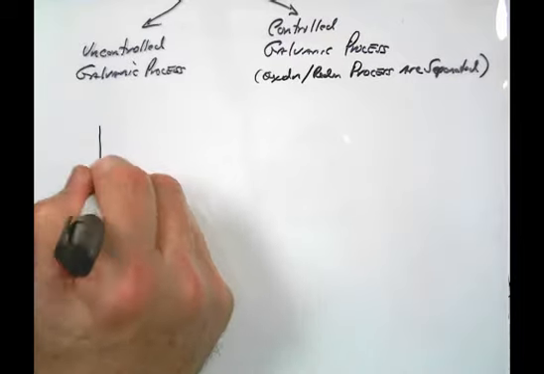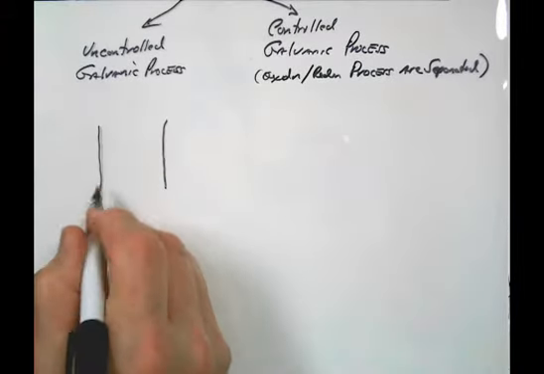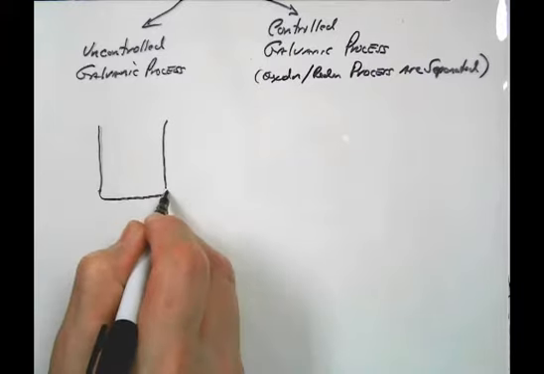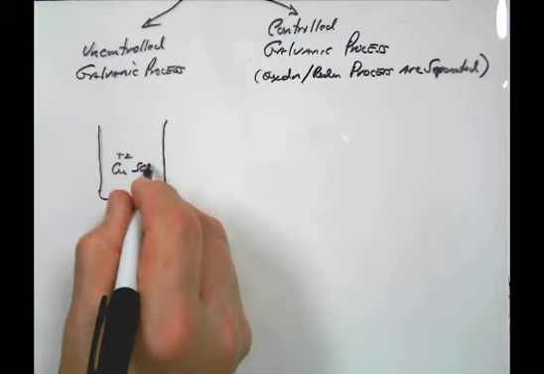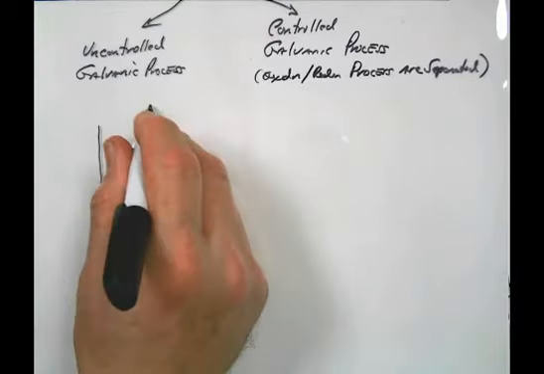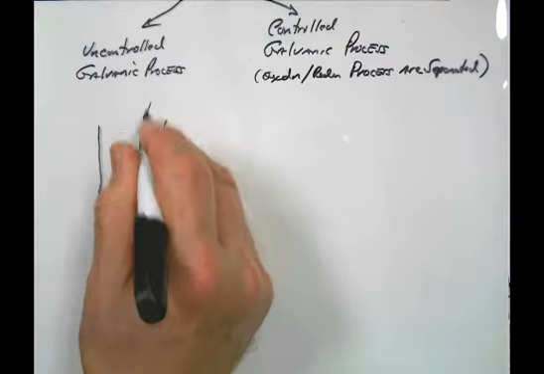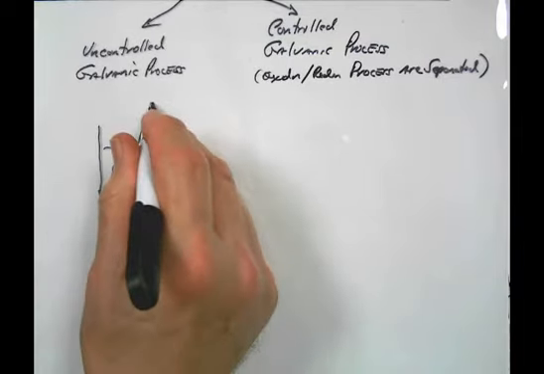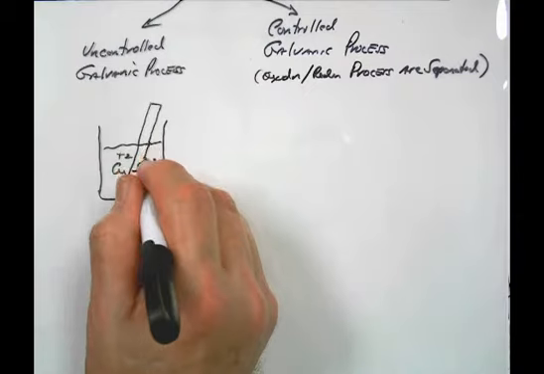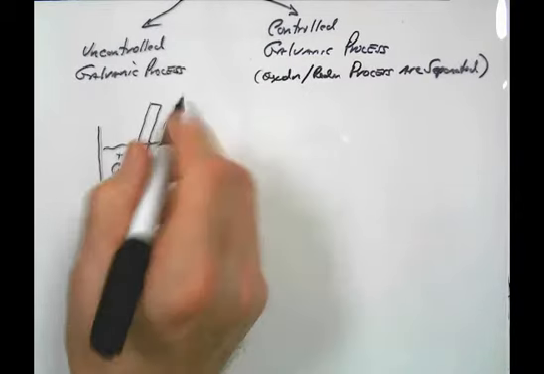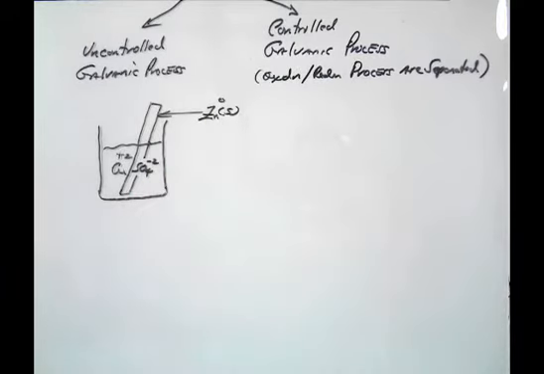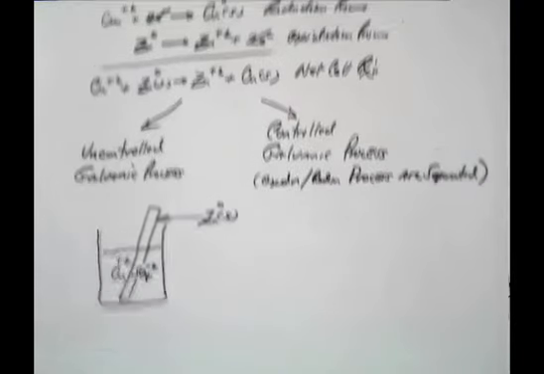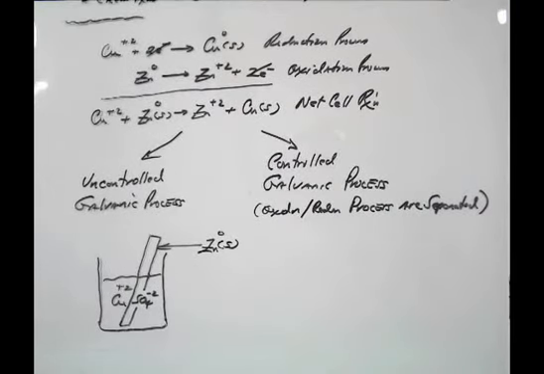Let's take, for example, a solution of copper sulfate. Like this, and what we're going to do is insert in that solution a zinc bar right there. The reaction that I showed you up here will initiate spontaneously.